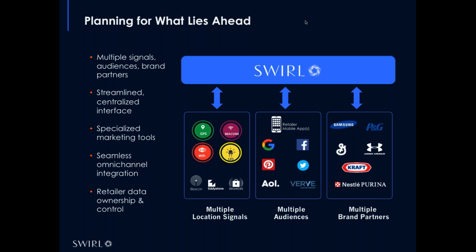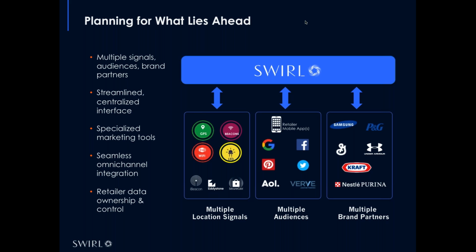The other thing that retailers will likely want to take advantage of in the future is interacting with multiple audiences. So Google Nearby is certainly great because it allows you to engage with a massive number of Android users. But for retailers who want to engage directly with consumers in their own app, in iOS ecosystems or apps, with other publishing partners, it's going to be important to have a single platform that allows you to integrate with and engage with all of those publisher audiences, as opposed to forcing the marketer to go use 4 different platforms or systems, one for each publisher or application that they're using.